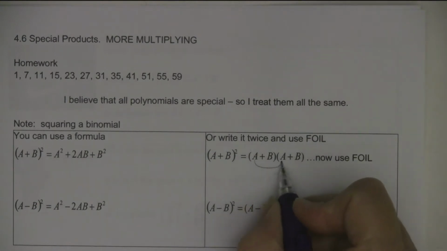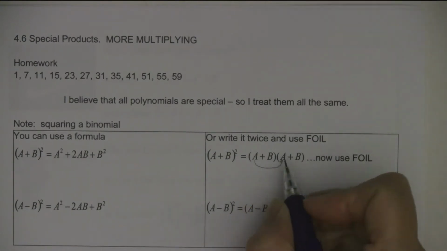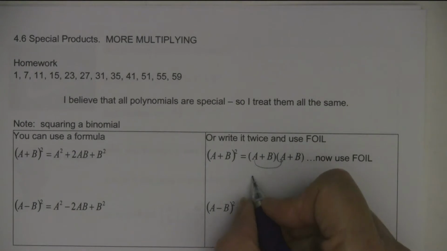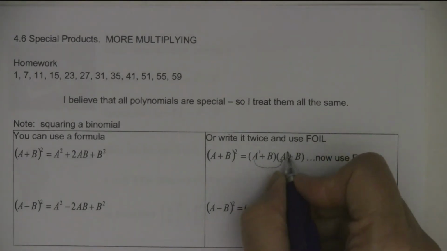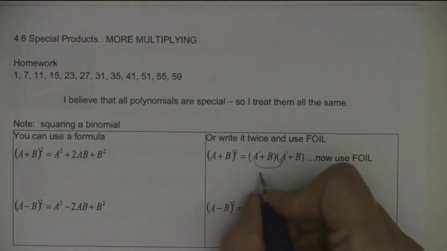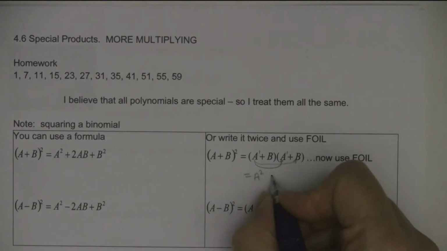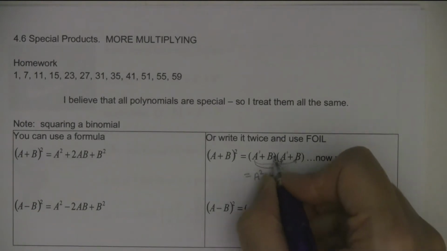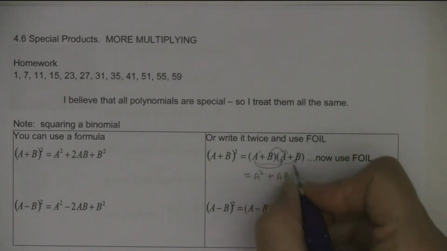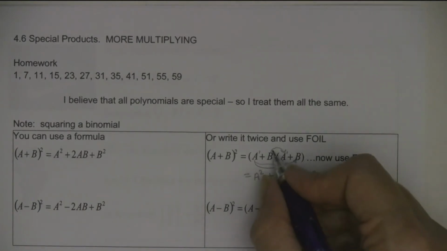So this is a to the first times a to the first. That's a to the second, right? Add the exponents when you have a variable, even if it's capital. So a to the second. And then a times b, remember alphabetical order, so plus ab. That's 1ab, right? And then here, when you multiply those together, I know you're thinking BA, but it's not BA, alphabetical order, it's AB, 1AB, another one, right?